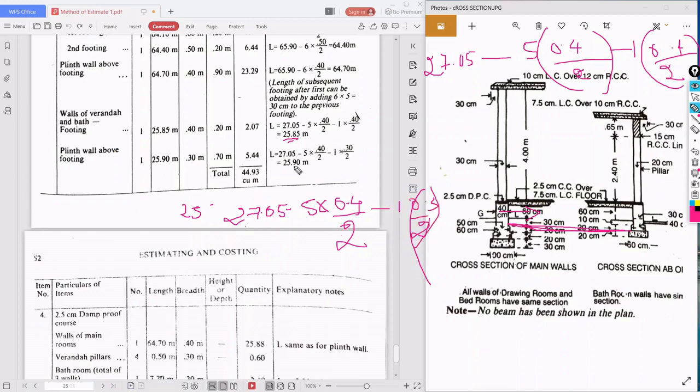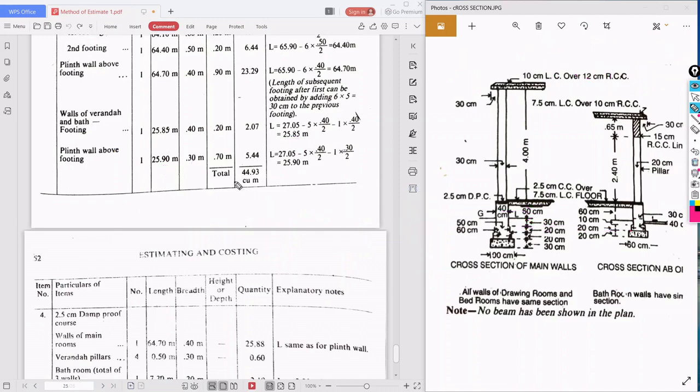So we'll get the quantity as 25.90. Multiply with the width of the plinth wall above footing in the 20 centimeter wall, that is 0.30. What is the height? That is 60 plus 10, that is 0.70 meter. So the total is 44.93 cubic meter.